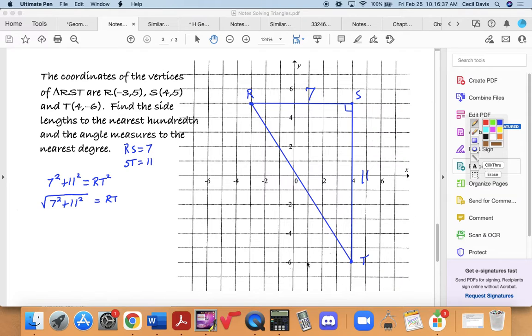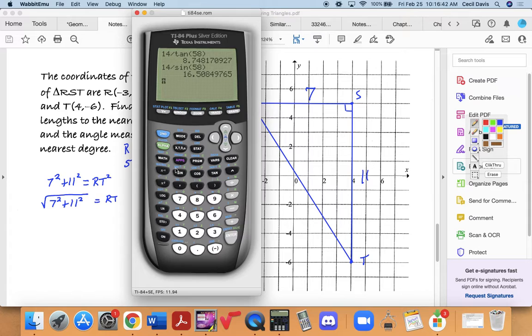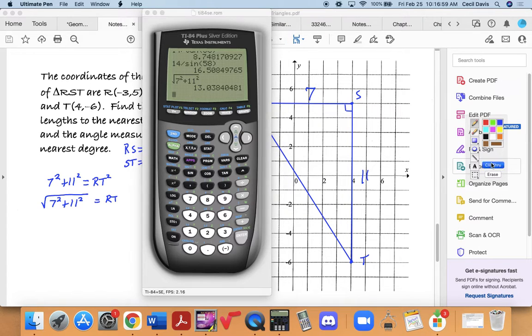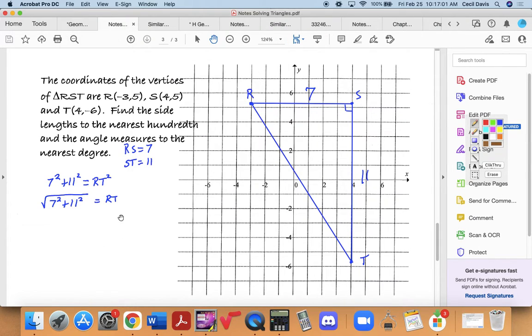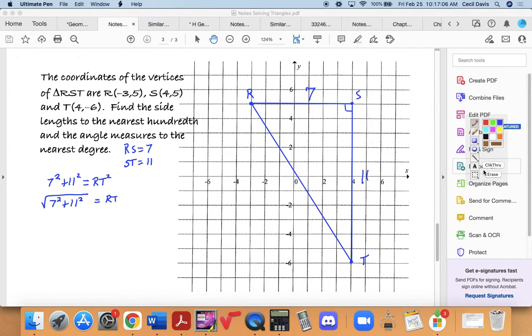And then at that point, just grab the calculator and go, okay, what is the square root of 7 squared plus 11 squared? And it's approximately 13 point, it said to the nearest what? Hundredth? So 0.04. So RT, was it 13? Yeah. 13.04.